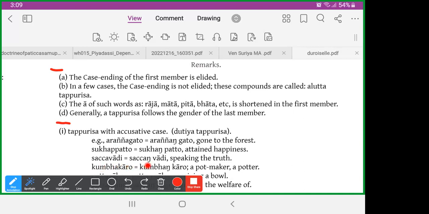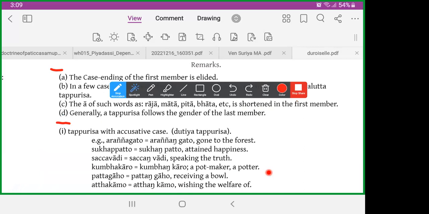Sachawadi, Sacham Wadi: speaking the truth. Kumbakaro, Kumbam Karo: a potter. Patagaho, Patam Gaho: receiving a bowl. Atam Gamo: wishing the welfare of.